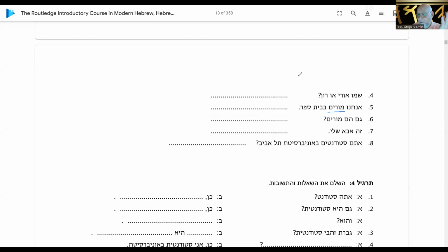Because Anaknu is the same, because in the plural, that's first person. So in the first person, there's no difference between masculine or feminine, just like ani is the same for whether it's masculine or feminine. So it would be Anaknu, and it might be Morot, possibly, Babayit Sefer.